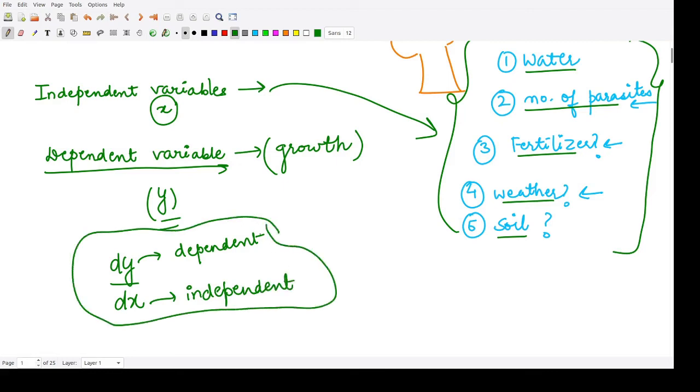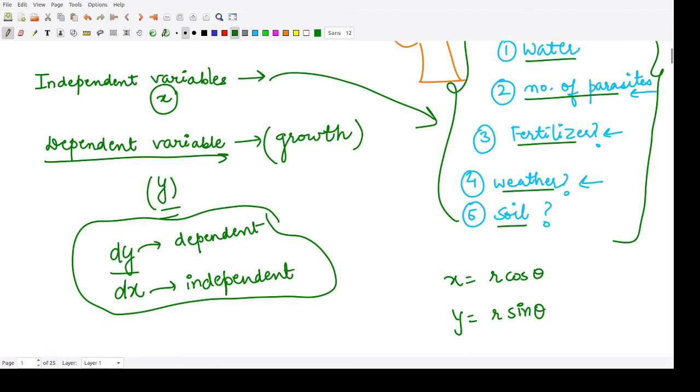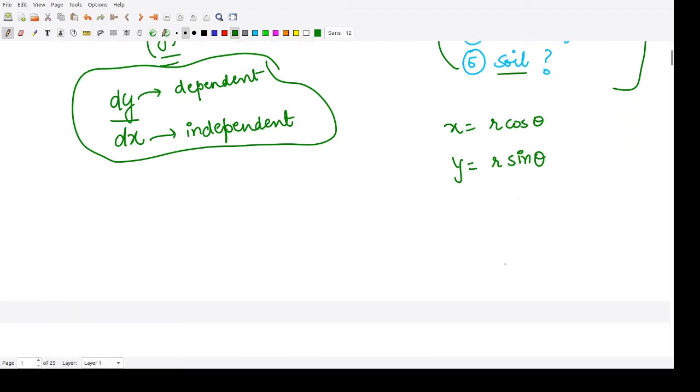So here the situation is quite different. So here what do we say? We say that suppose x is equal to r cos theta and y is equal to r sin theta. In that particular case, firstly you have to identify what are my independent variables here and what are my dependent variables here. The independent variables in this case would be r and theta, because they could choose any value here.